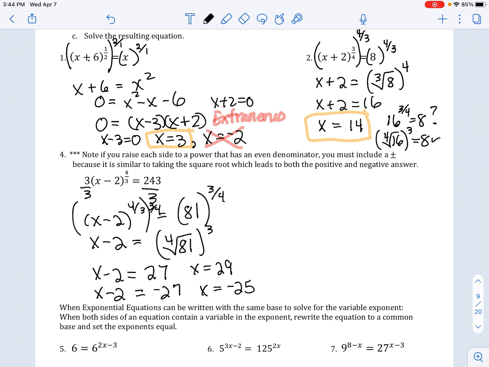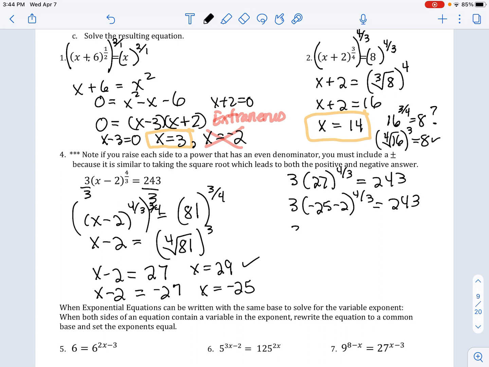Let's see if they both work. 29 minus 2 is 27. So that would be 3 times 27 to the 4/3 equals 243. All right, that is the cube root of 27, which is 3, to the 4th, 81 times 3, 243. So that one checks. Let's try negative 25. 3 times negative 25 minus 2 to the 4/3 equals 243.